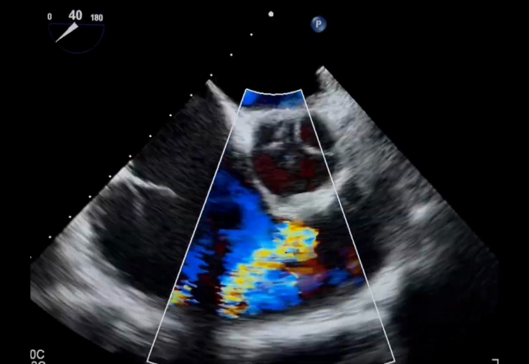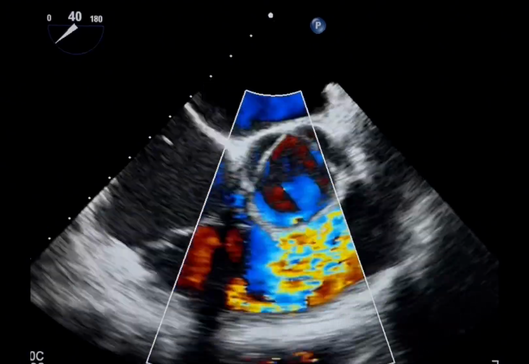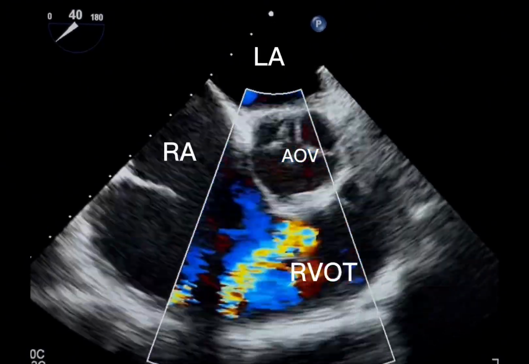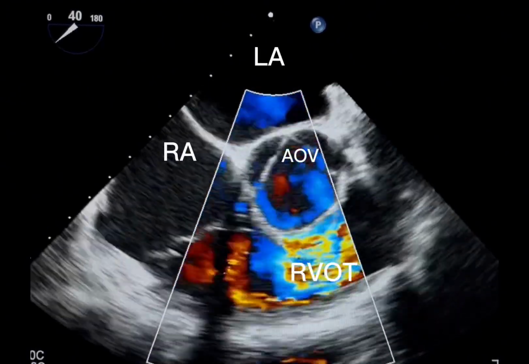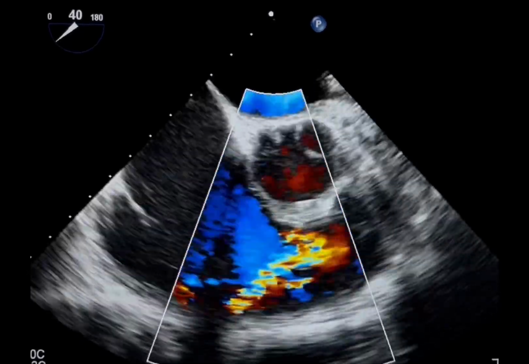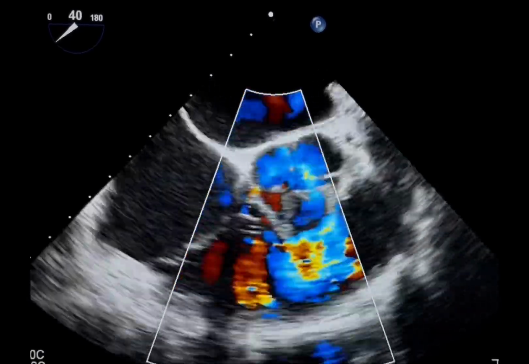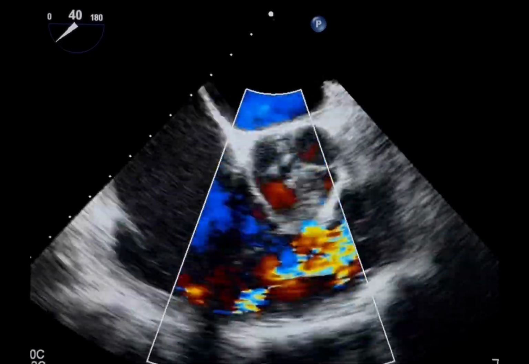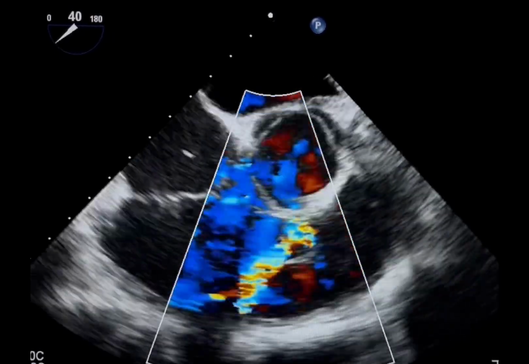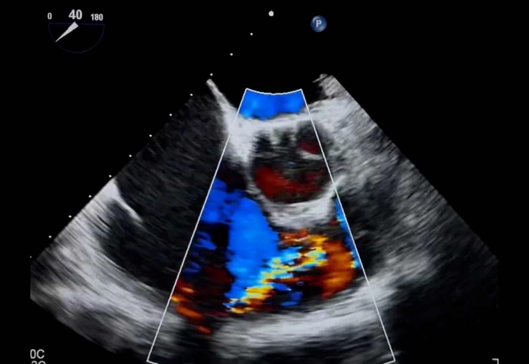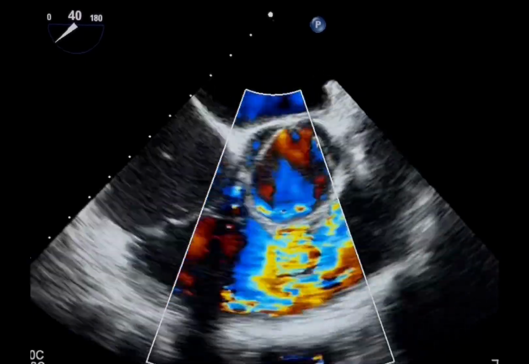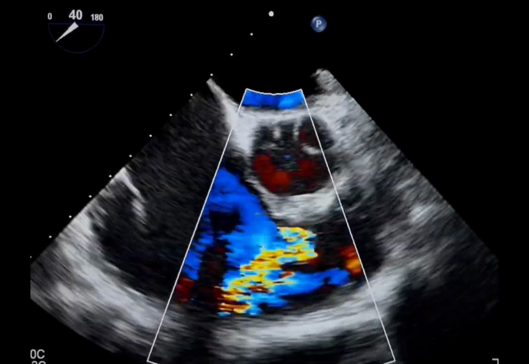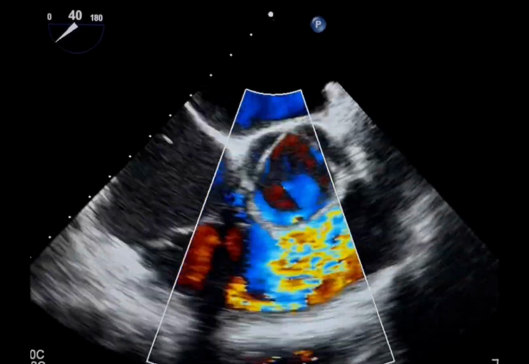This transesophageal echocardiographic view clearly illustrates the shunt caused by the sinus of Valsalva aneurysm. These aneurysms can be either congenital or acquired. Congenital aneurysms are often associated with other cardiac anomalies such as ventricular septal defect or aortic valve dysfunction.